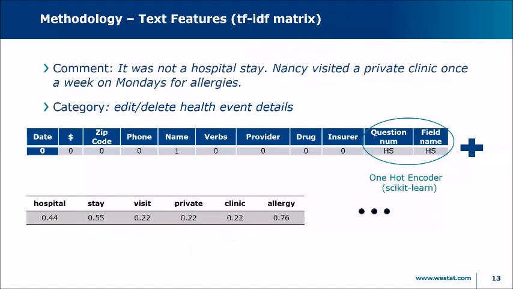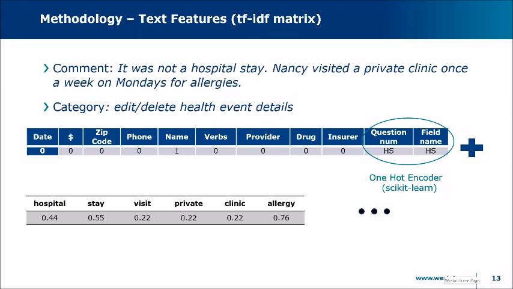All right. So this slide is for text features, and I'm using another comment. It was not a hospital stay. Nancy visits a private clinic once a week on Mondays for allergies. So it's categorized as adding, deleting, health bank details.